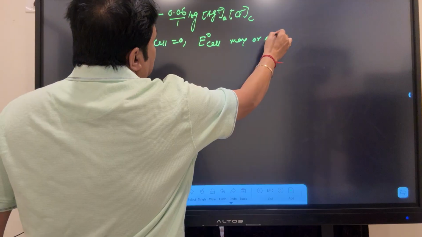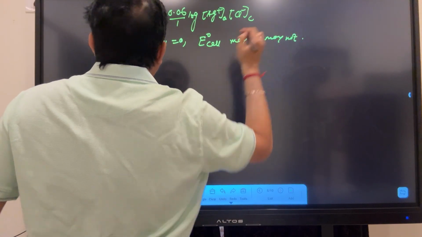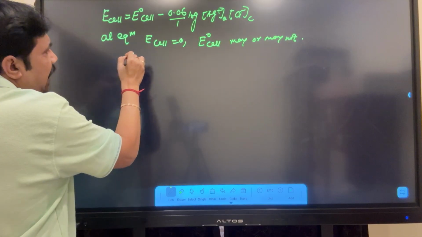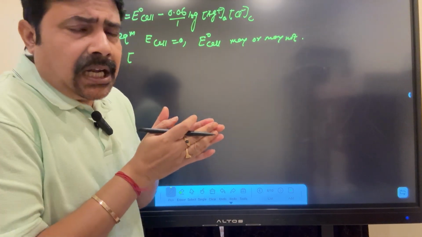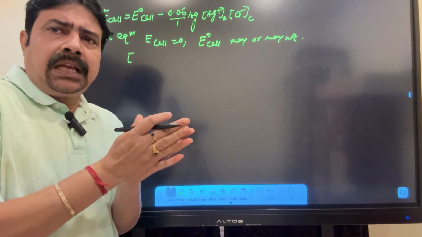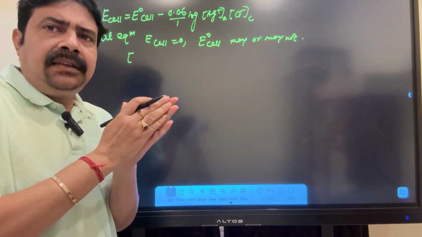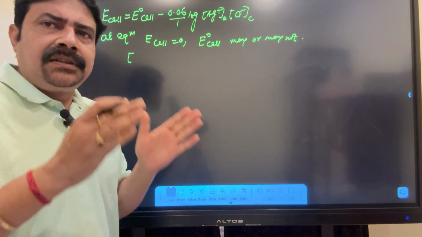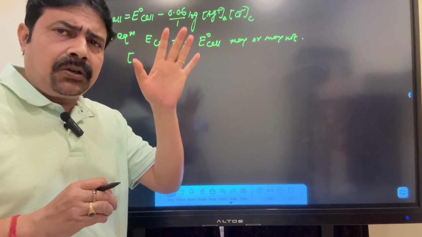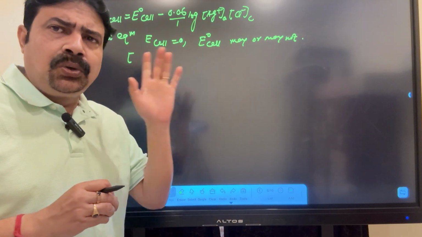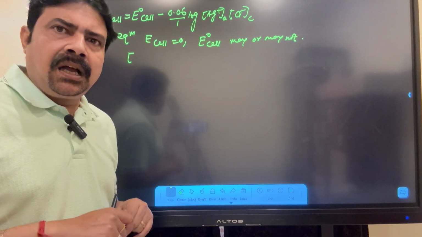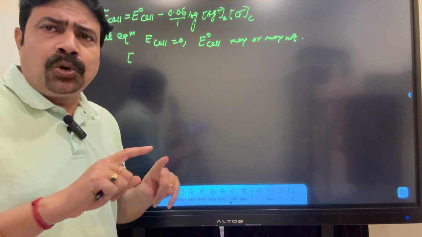Now for E cell equal to 0, another thing will be there, as this is like a concentration cell, that means silver ion is there at the anode and silver ion is there at the cathode. Whenever there is no concentration gradient, then only they reach equilibrium. If a concentration gradient is there, then electron flow will be there from anode to cathode to equalize the concentration of Ag plus in both compartments.